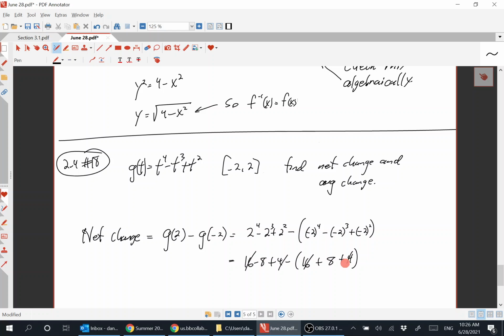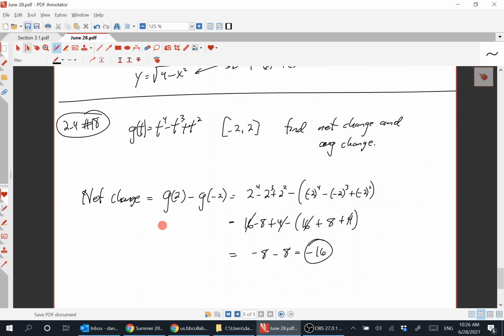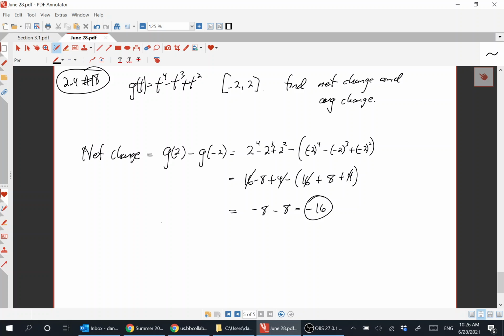So these go away, and we're left with minus 16. There are a lot of negative signs floating around in that, and it's easy to make a sign error. I imagine that may be where you made a mistake.